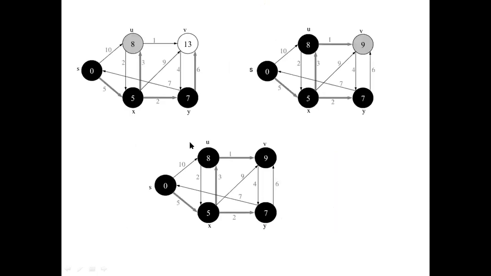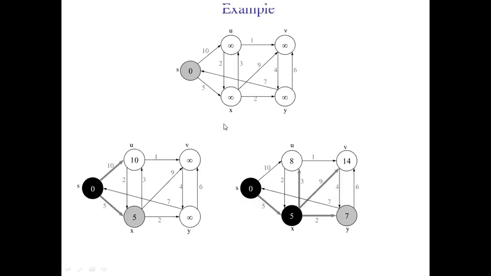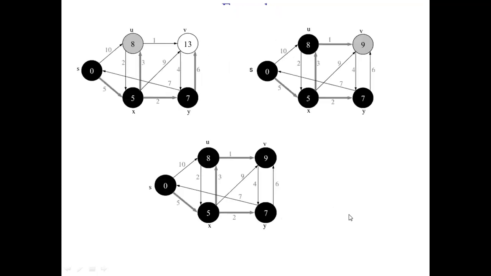Here this distance is 8, this distance is 14 and this one is 7, so we selected this 7. Now there are 2 vertices, one with distance 8 and another with distance 13, so we select the minimum one, that is 8.